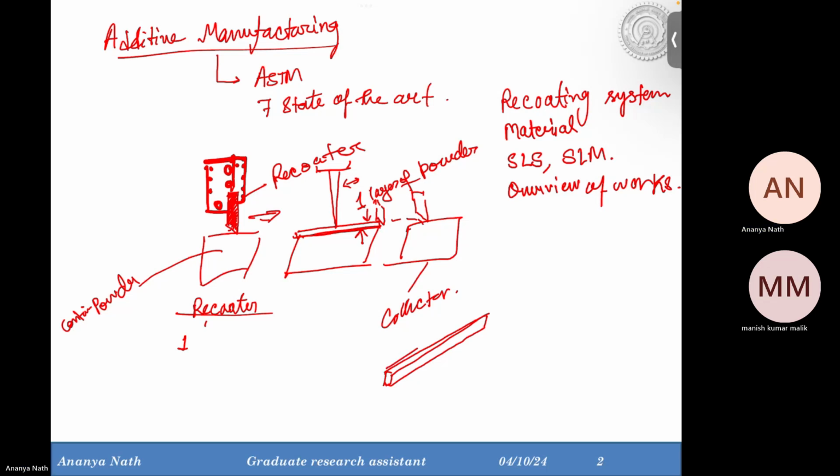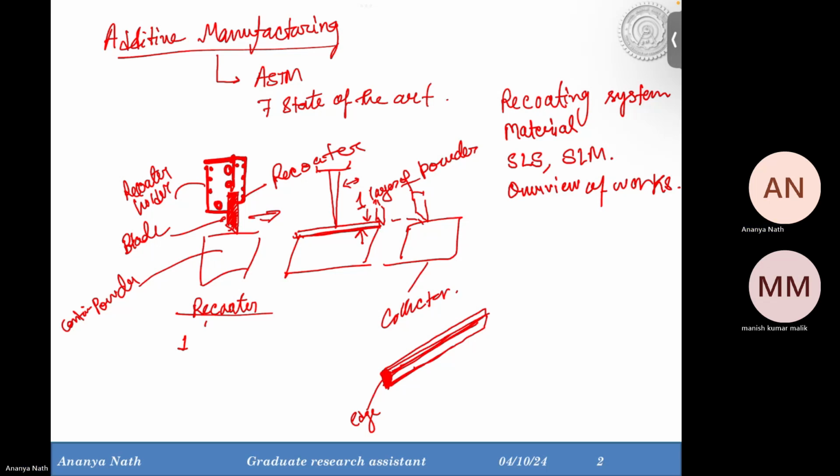This blade will look like this. There will be an edge, this is the edge, and using this edge, the powder can be spread. And this is how the blade will be mounted over the recoater holder.